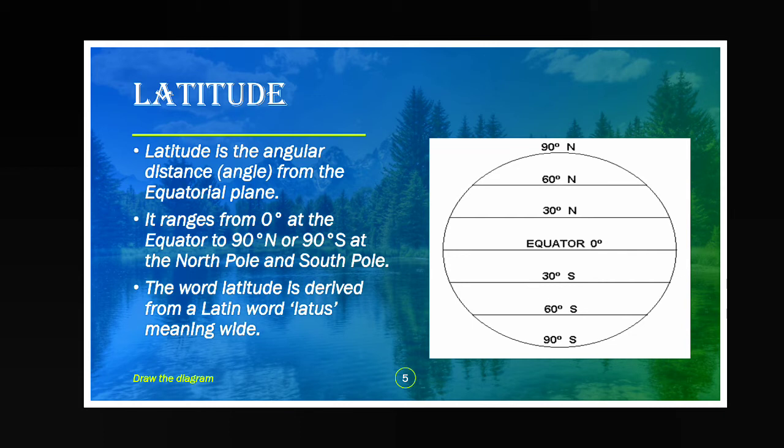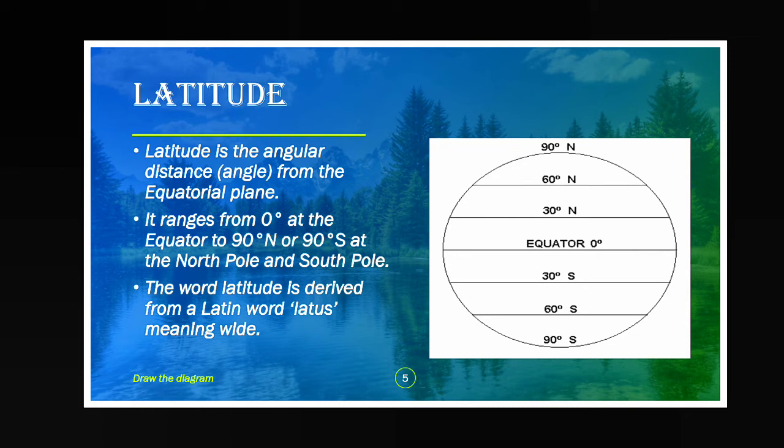So that means each and every parallel has some magnitude. It has some angular distance from the equatorial plane, and this angular distance is called latitude. How to draw the line of latitude, this topic we will discuss in the practical.